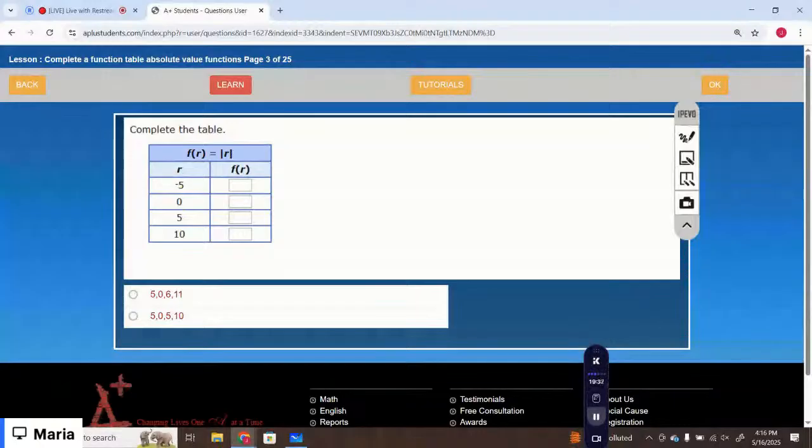Complete the table. F of r equals the absolute value of r. That is 5, 0, 5, and 10.